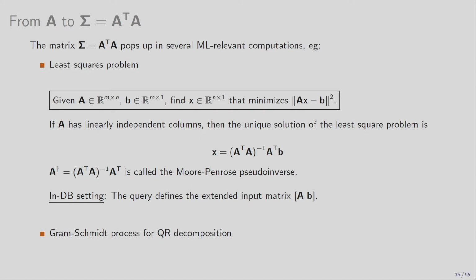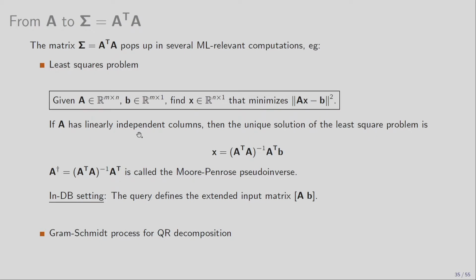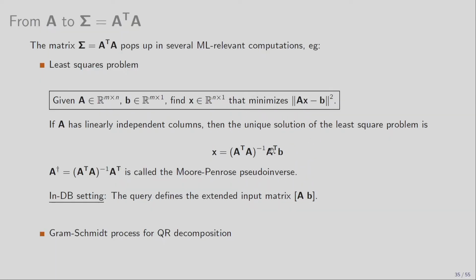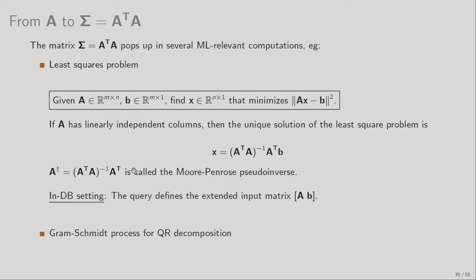So this is least squares. If A has linearly independent columns, then the unique solution of the least squares problem is X equals A transpose A to the minus 1 times A transpose B. And this A transpose A to the minus 1 A transpose is called the Moore-Penrose pseudo-inverse.